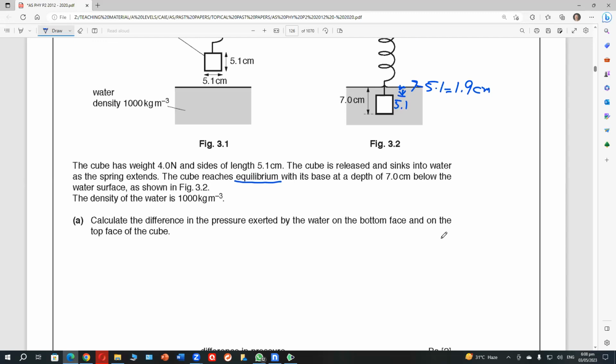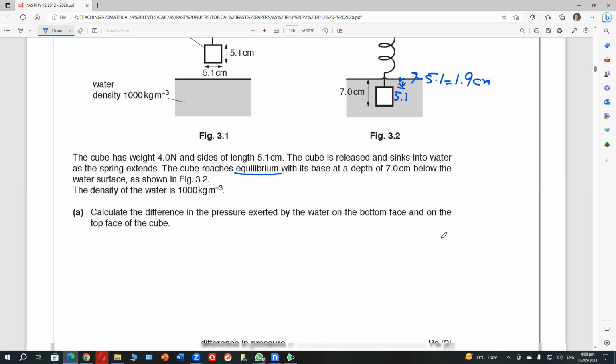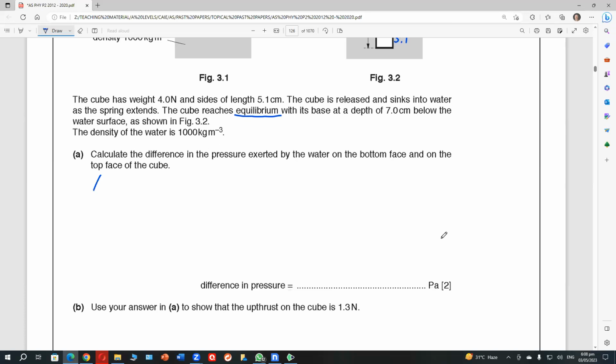But actually, 5.1 is the point which should be considered, as you said, that pressure difference is equal to rho g height difference.